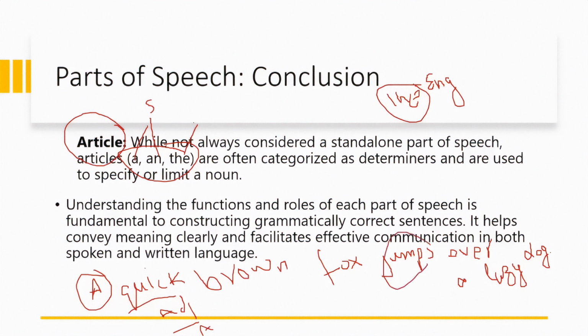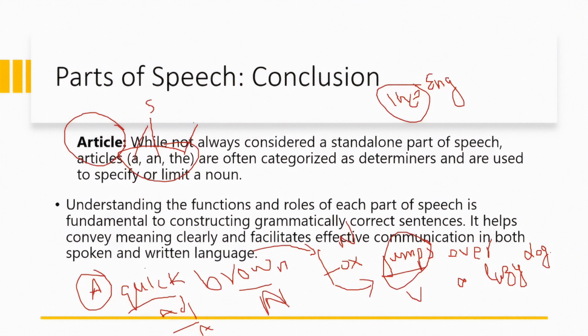Jumps, action. What action? Fox jumps. Fox takes action, it jumps. So jumps is a verb. Okay, so fox is a noun, it's a name. And brown fox, so this brown is qualifying fox. Adjective qualifies noun, so it's an adjective.